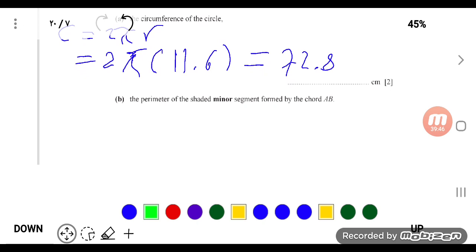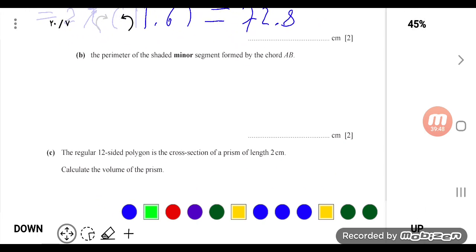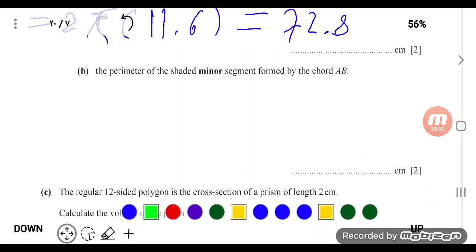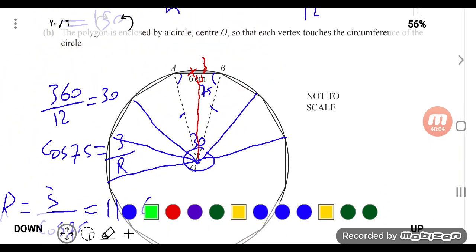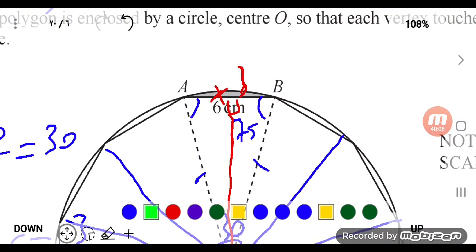Next question now. Find the perimeter of the shaded region. Find the perimeter of the shaded minor segment formed by the chord AB. So the chord AB was this. That's the chord AB.